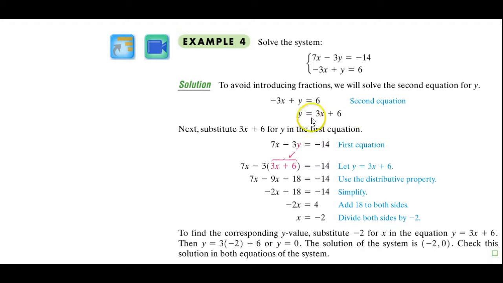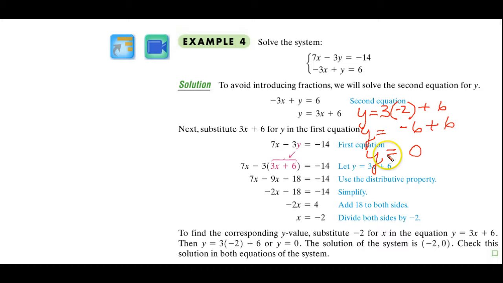Now notice, since you've solved this one for y, and x is a negative 2, you can just put it right in here. y equals 3 times, you say x is a negative 2, plus 6. Now notice this becomes y equals negative 6 plus 6, or y equals 0.